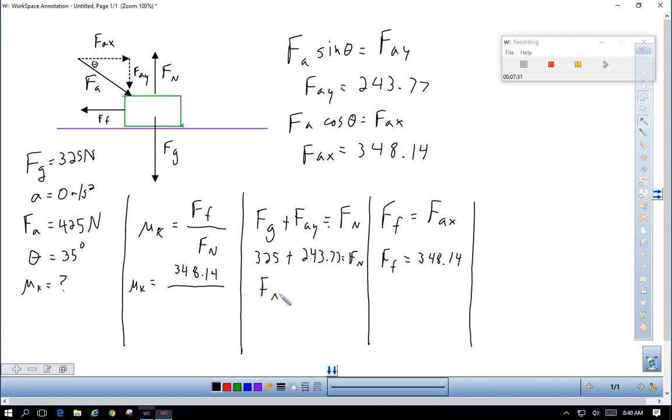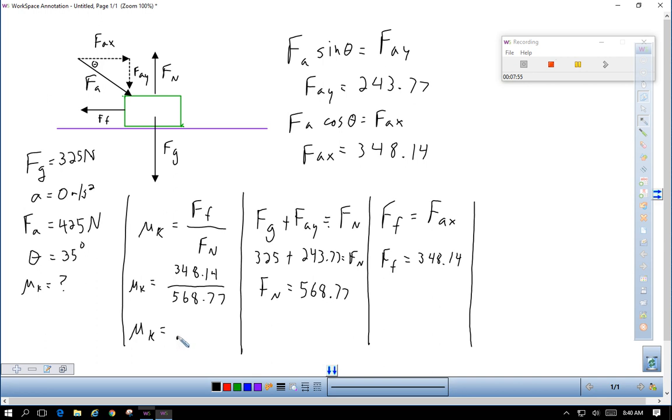And when we do the math on that, we find that Fn is equal to 568.77. And so we'll write that in here for Fn, 568.77.